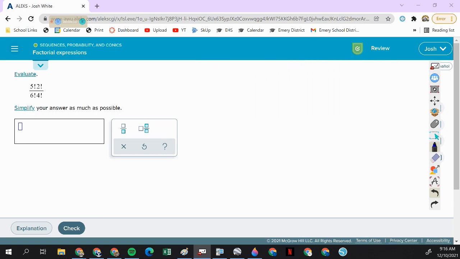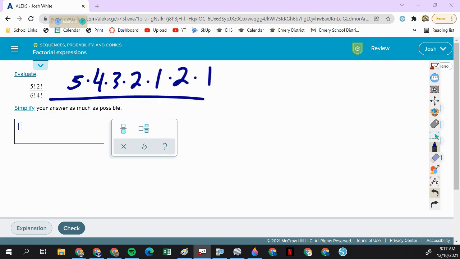And this is asking us to calculate 5 factorial times 2 factorial divided by 6 factorial times 4 factorial. So we write it out. 5 times 4 times 3 times 2 times 1. 2 times 1. 6, 5, 4, 3, 2, 1. And 4, 3, 2, 1.